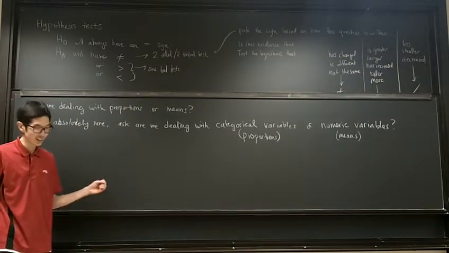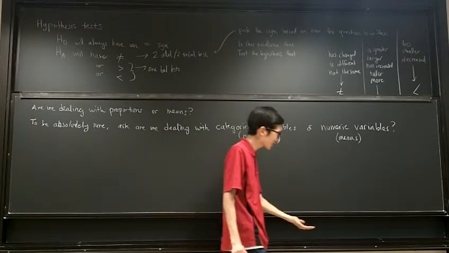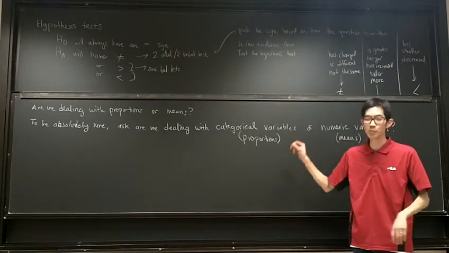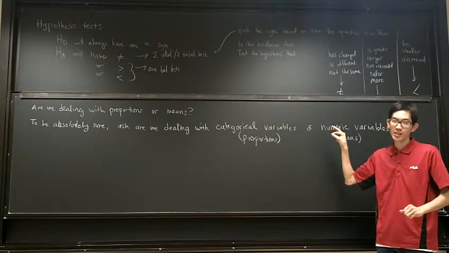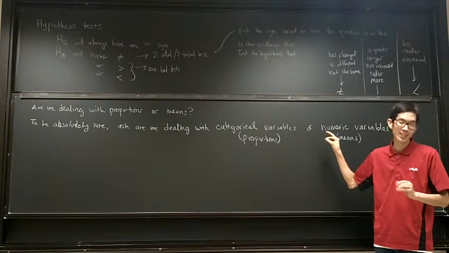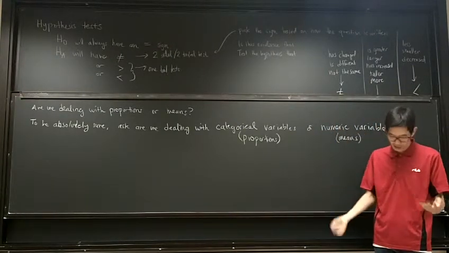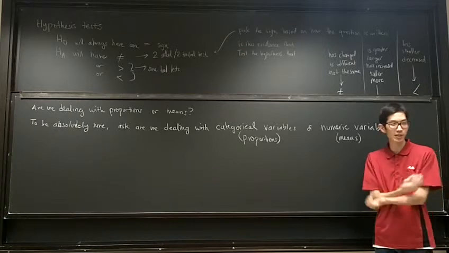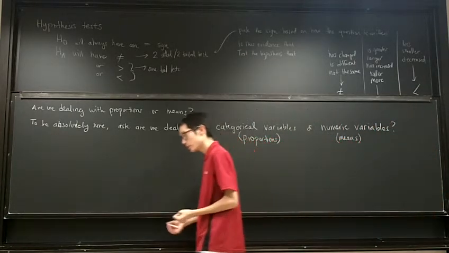And I feel like if you go through this course, and if you can't tell the difference between a categorical variable and a numeric variable, I feel like you shouldn't pass the class, okay? And this is absolutely key. But I know some of you still have trouble telling the difference, especially when it's written in a problem, okay?